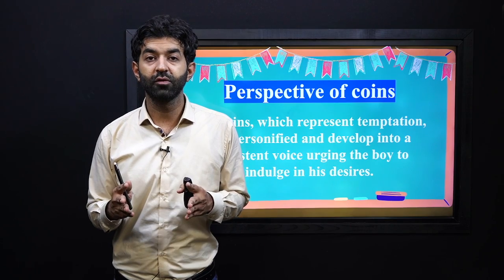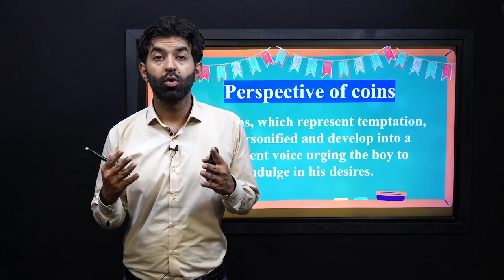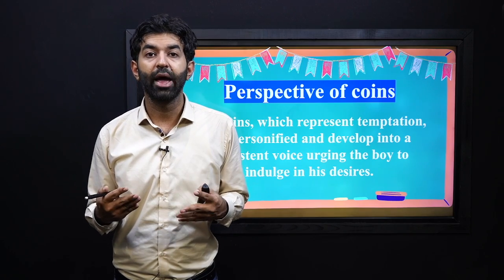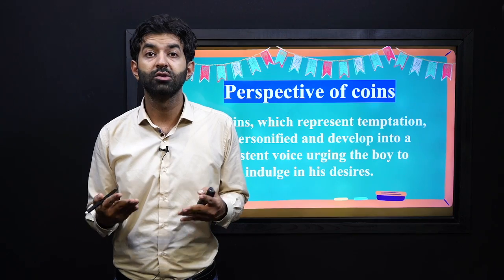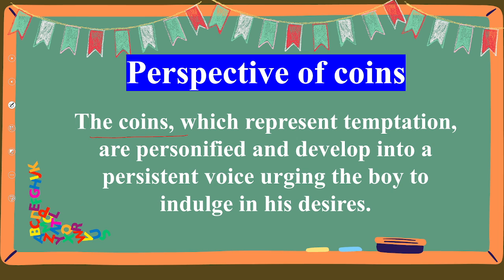That 4 rupees which he was going to pay the fee with, but the coins talked to him in a manner and convinced him to actually spend the money on jalebis. Now, the coins, which represent the temptation of eating and spending the money on jalebis, are personified and developed into a persistent voice urging the boy to indulge in his desires.